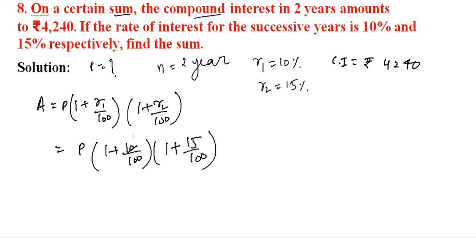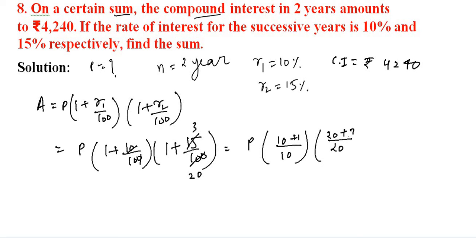Then 0 will get cancelled with 0 and here 5 3s are 15, 5 2s are 10. Now nothing will get cancelled. Here P in bracket we will take the LCM 10, here 10 plus 1 and here again we will take LCM 20, here 20 plus 3 and next step P, then 11 upon 10 and 23 upon 20.